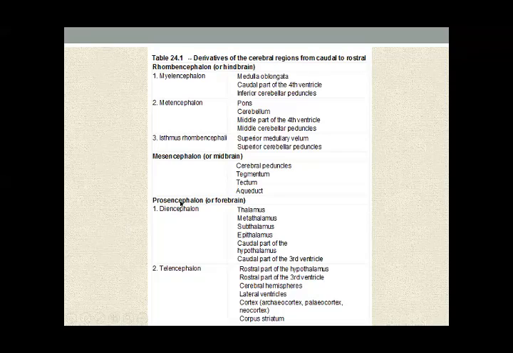And then comes the prosencephalon, the forebrain. The diencephalon develops into thalamus, metathalamus, subthalamus, epithalamus, caudal part of the hypothalamus, and caudal part of the third ventricle.